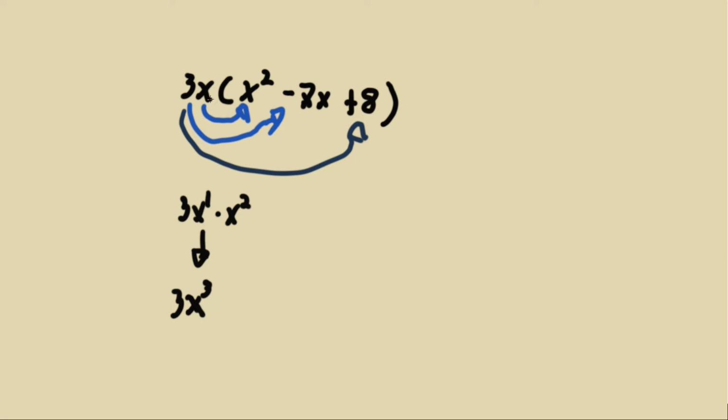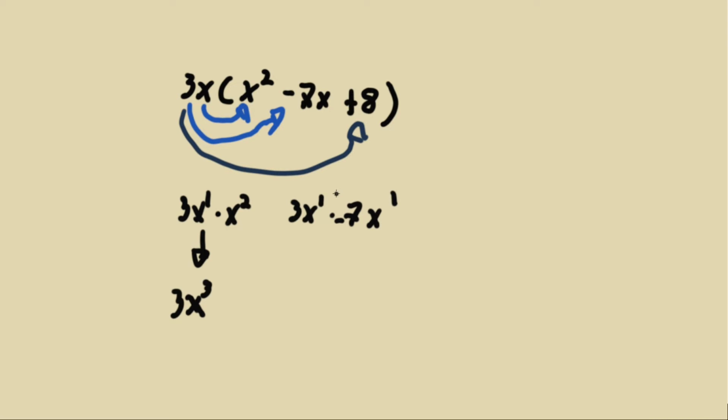And then, let's just multiply 3x times negative 7x, right? So again, when we multiply two x's here, we have to add the exponents together, right? So 3 times 7, this is 1 and this is 1, so we have to add these exponents.